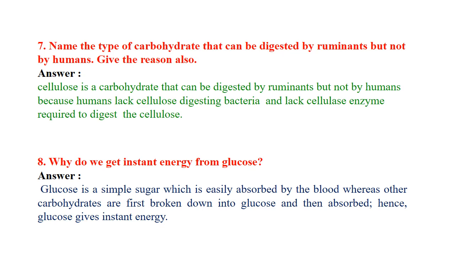As you have learned, ruminants are grass-eating animals, and grass contains cellulose, a type of carbohydrate that can be digested by them but not by humans, because they have cellulose-digesting bacteria and also the cellulase enzyme, but humans lack cellulose-digesting bacteria and the cellulase enzyme required to digest cellulose. So the answer is cellulose.